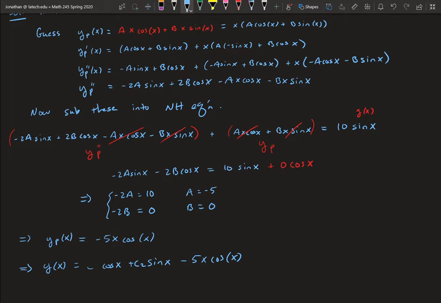So that's our general solution, but we have initial conditions. What are they? They're y of pi equals 0 and y prime of pi equals 2. So let's solve for c1 and c2.